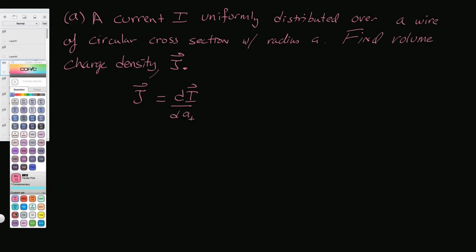Think about this wire: it has a circular cross section, and it has a radius A.